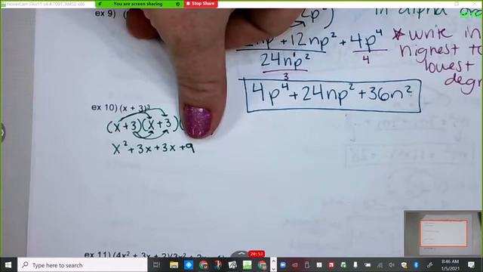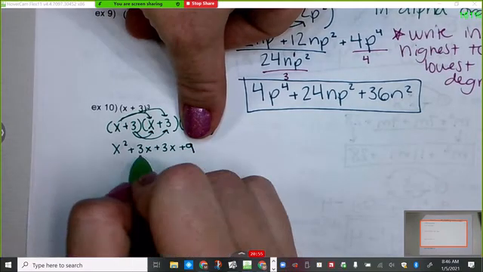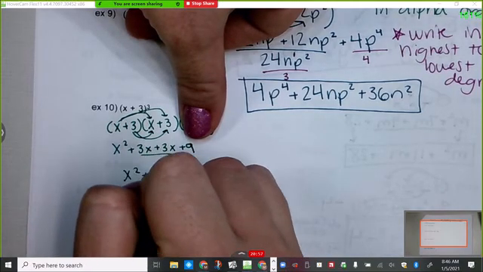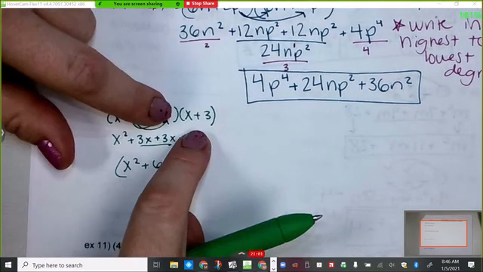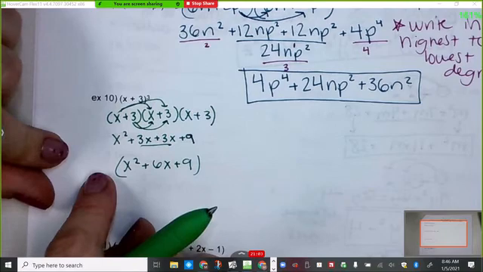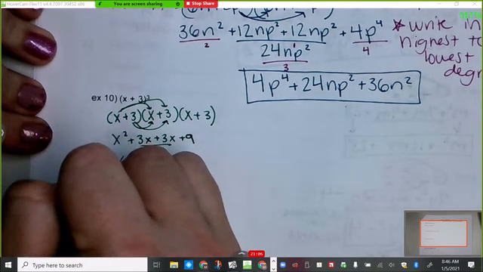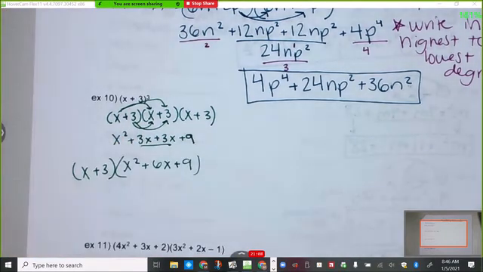The middle two combine, and I get x squared plus 6x plus 9. Now, does it matter if I put that x plus 3 in the front or the back? No, so I'm going to write it in the front. Now you'll multiply one more time to get your final answer. So I want y'all to try, and then we'll go over it together while I start attendance.